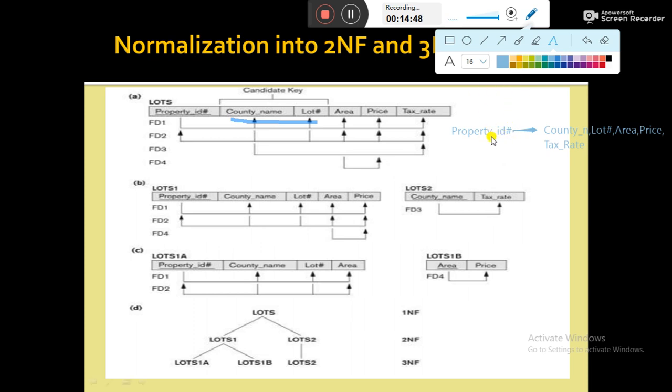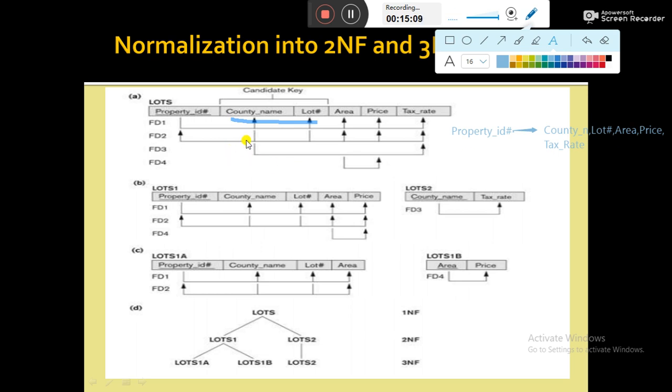That means property ID uniquely identifies this set of values. The property ID is a primary key. So FD1 is given. For a particular value of property ID, there is a unique combination of county name, lot number, area, price, and tax rate.